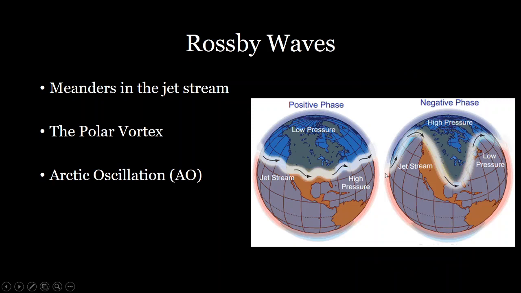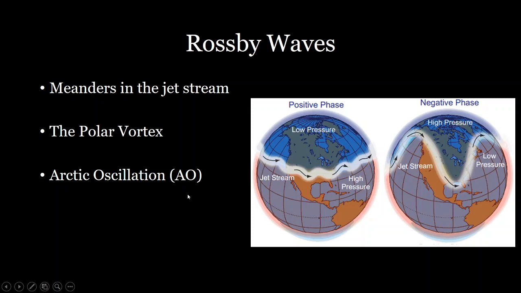We can quantify these Rossby waves by what's called the Arctic Oscillation. So this is just a value we give for how wavy the jet stream is, with fairly straight conditions having a positive phase and very wavy conditions with these big waves indicated by a more negative phase of the Arctic Oscillation.